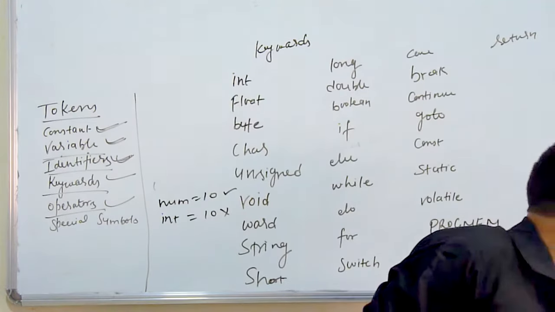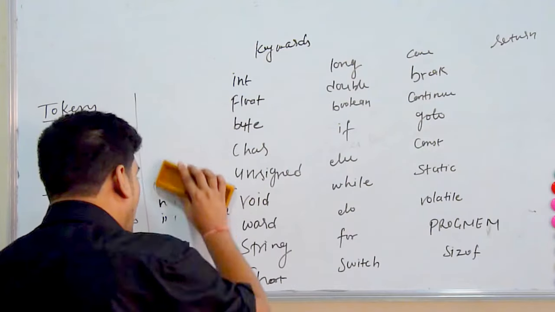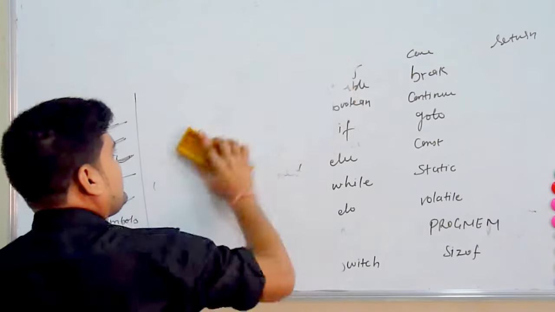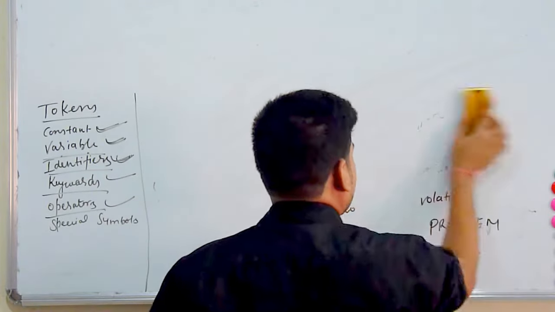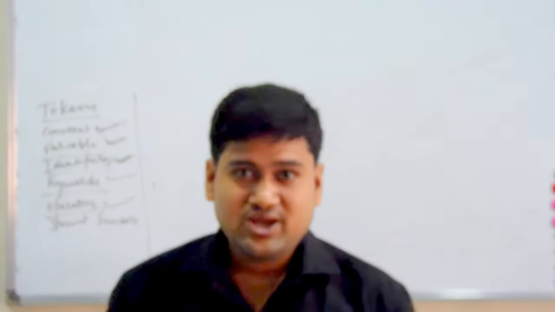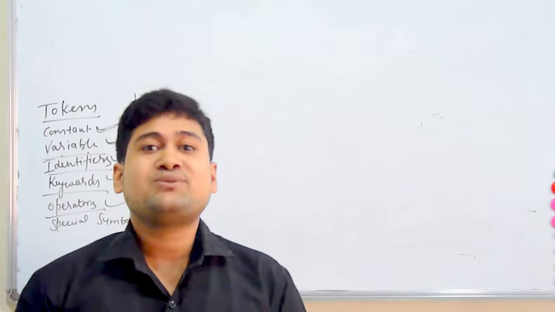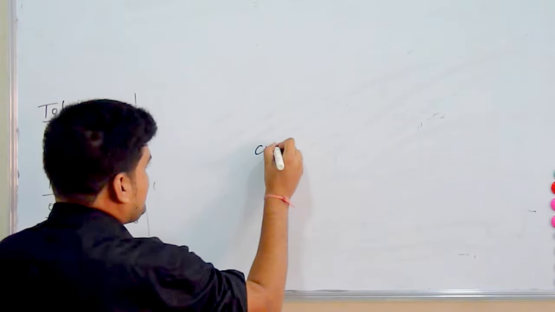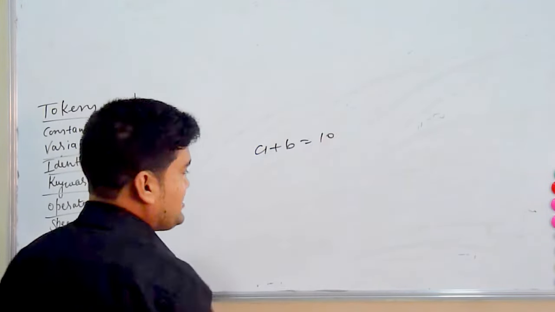The next thing we are going to study is what the operators are. In the programming language, the operators are used to perform operations. The operators are used to perform the calculation between the operands. For example, we are writing an expression a plus b equals to 10.